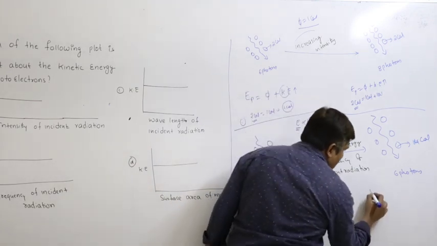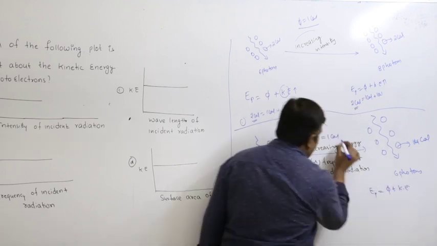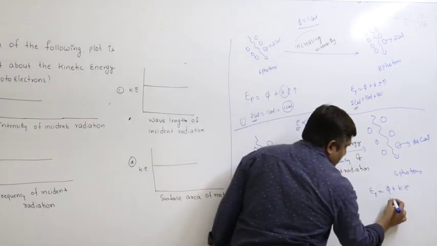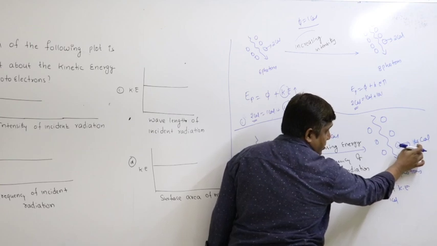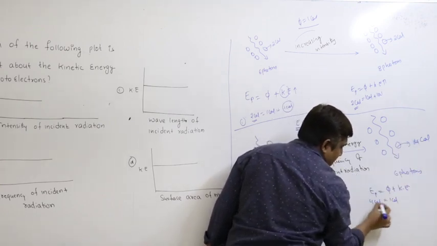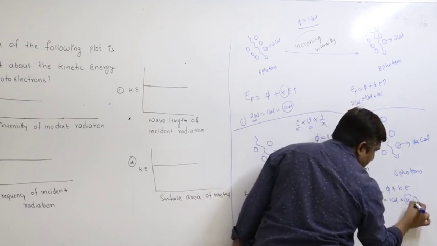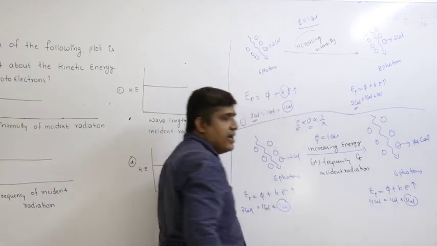So what happens now? Energy of photon equals work function plus kinetic energy. I am using the same metal, so work function will be the same. What is the energy of photon now? 4 calories. So out of 4 calories, 1 calorie is used, leftover is 3 calories. So these 3 calories will be utilized to increase the kinetic energy.